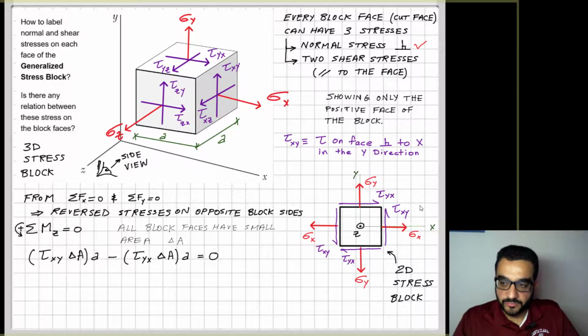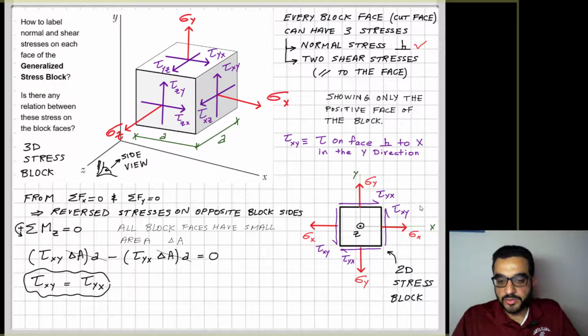Similarly, I can do the same for tau YX. So tau YX going to the right, going to the left, just focus on one times the distance between both tau YX forces here. So if you do the equilibrium, you'll find actually that tau XY is equal to tau YX. So that shear force on that right face is equal to the shear force acting on the top face of that block.